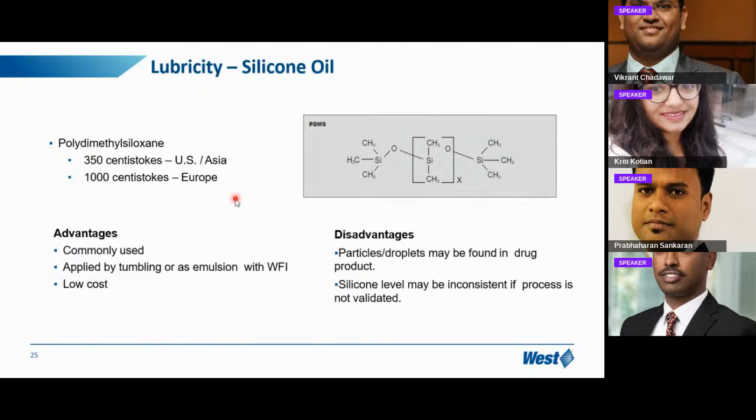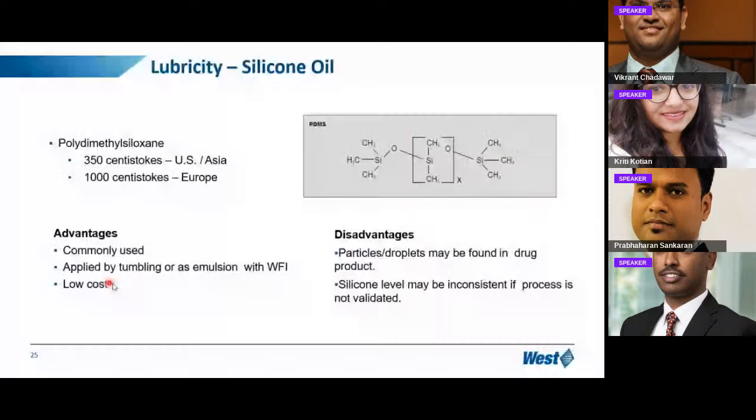So we put either 350 centistoke polydimethylsiloxane or 1000 centistoke polydimethylsiloxane, PDMS. For the Europe region, it is mandatory to have a viscosity of 1000 centistoke. For the US and Asia region, we generally give 350 centistoke PDMS.